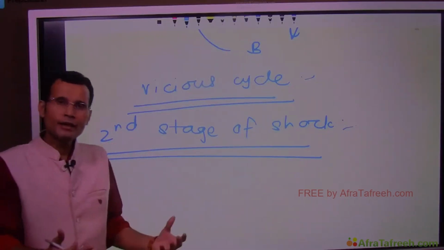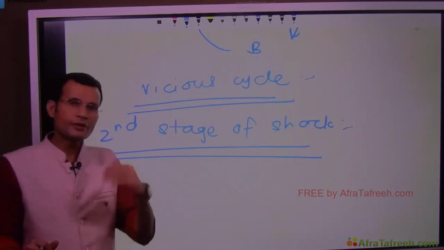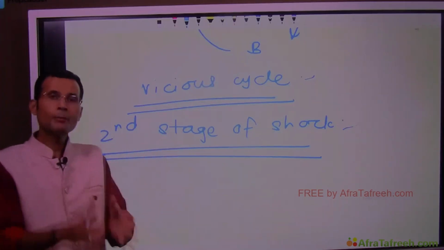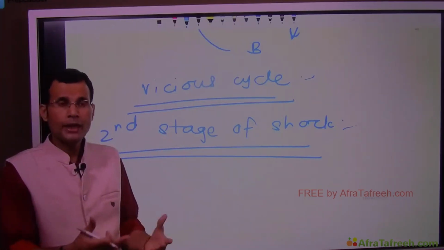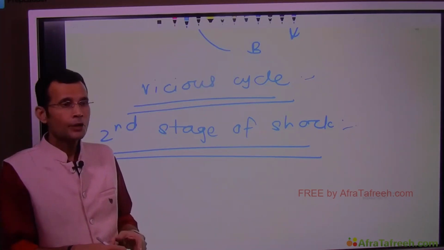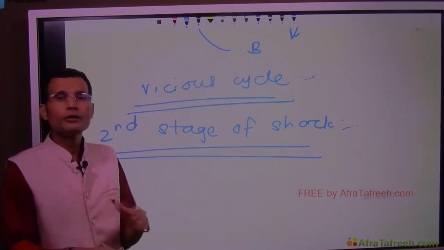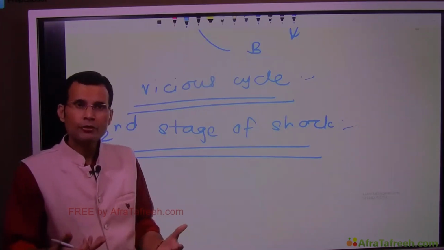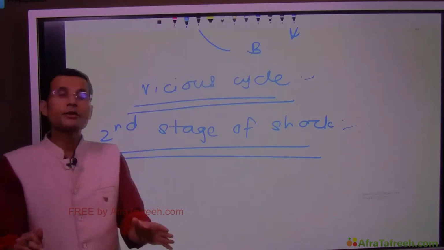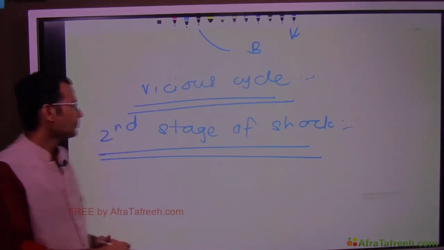But if they fail and the patient progresses to second stage of shock, positive feedback mechanisms begin to operate, and then the patient will not recover by himself or herself. The external treatment will have to be administered.